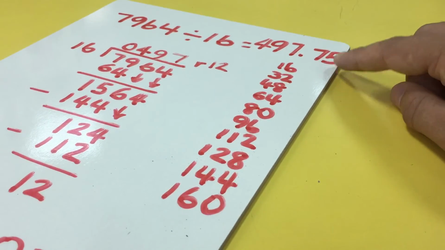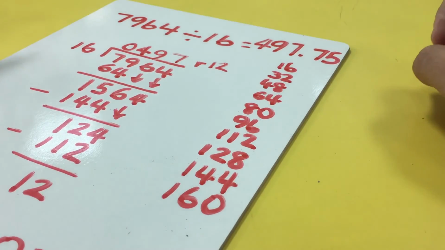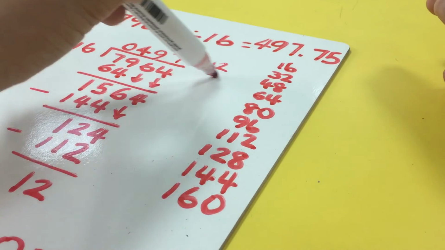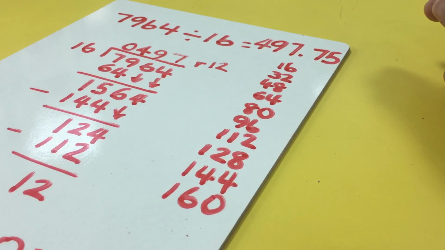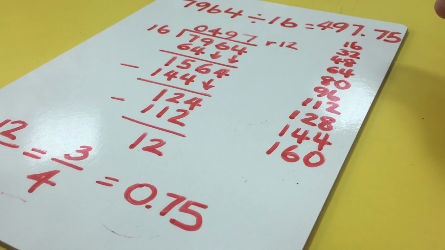So 497.75, and that's what you do if you're trying to convert a remainder into a fraction, and don't forget to simplify, and then into a decimal.